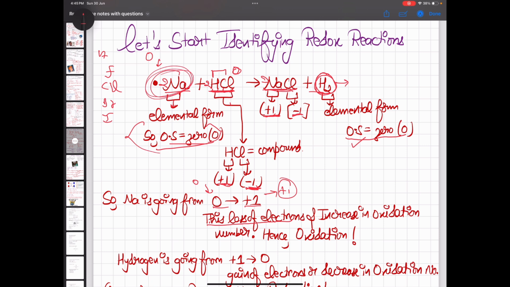Now the oxidation number has increased. It is going from 0 to +1, right? So there is an increase of oxidation number, and we are saying there is loss of electrons. So this is oxidation. If you're going from 0 to +1, this is definitely an increase in charge or oxidation number. And we also know that this is loss of electrons.